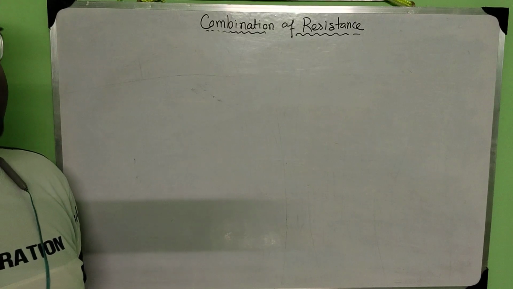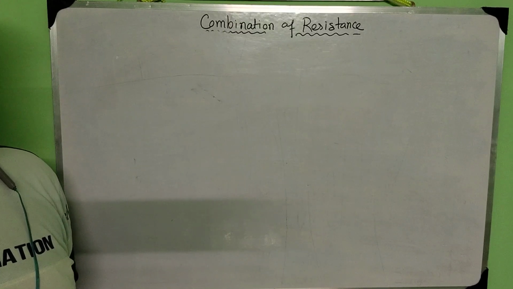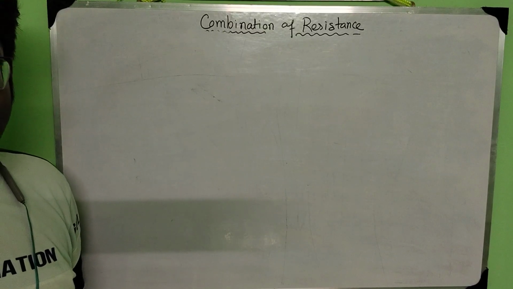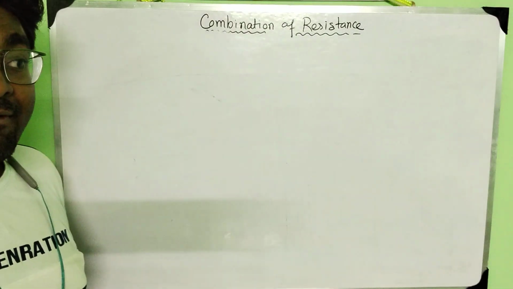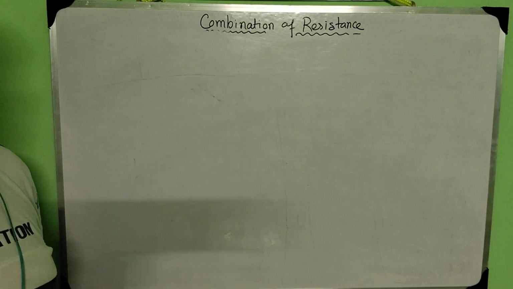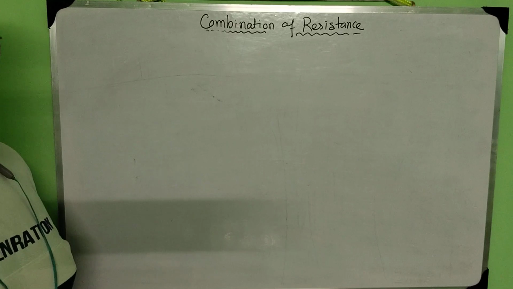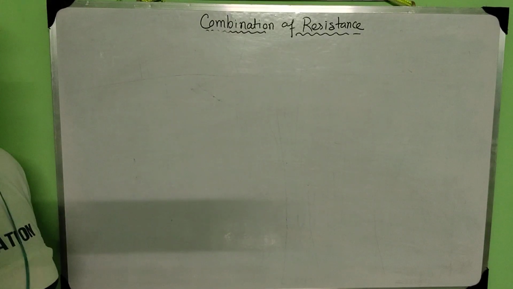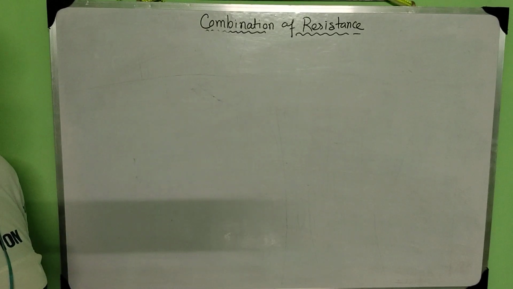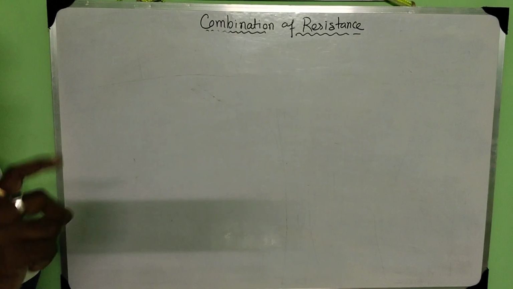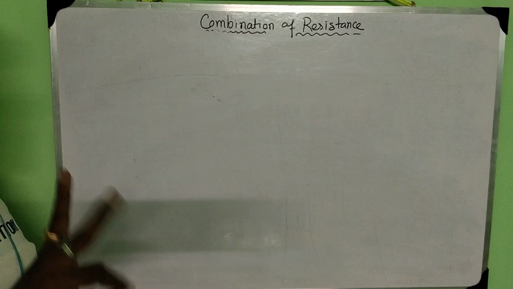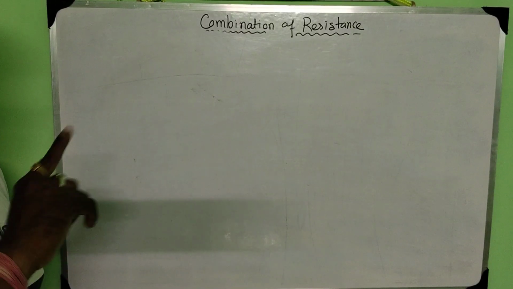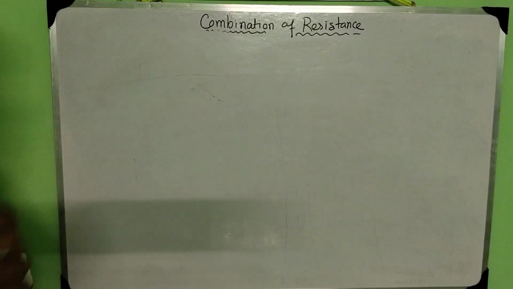We have to identify by certain methods, so I will describe those methods. In the circuits that we have taken, you can directly find that these resistors are connected in parallel, and these resistors are connected in series. We can directly find out those things.